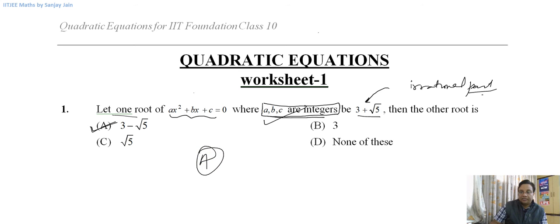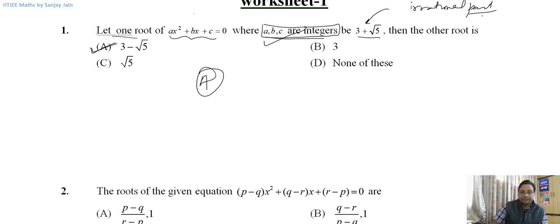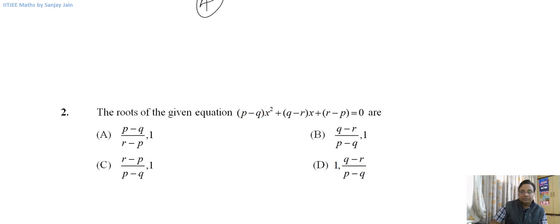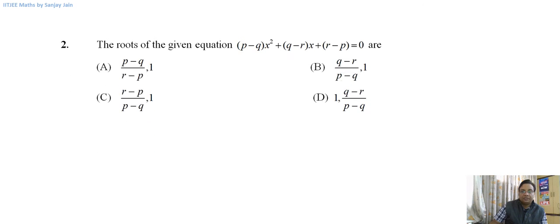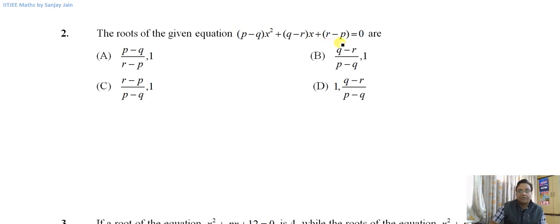Okay, let us look at the next one. The roots of the given equation p minus q x square plus q minus r x plus r minus p is equal to 0 are. Again, these kinds of questions we have already solved. If you look at the coefficients, these are in a cyclic pattern. What do I mean?